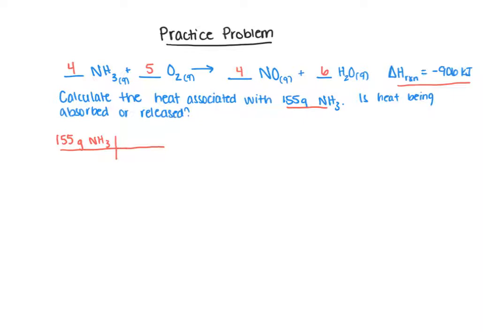So we can use moles to get to energy. So in order to get to moles, we need to do a conversion. So in order to do that, we need to figure out the molar mass of NH3.